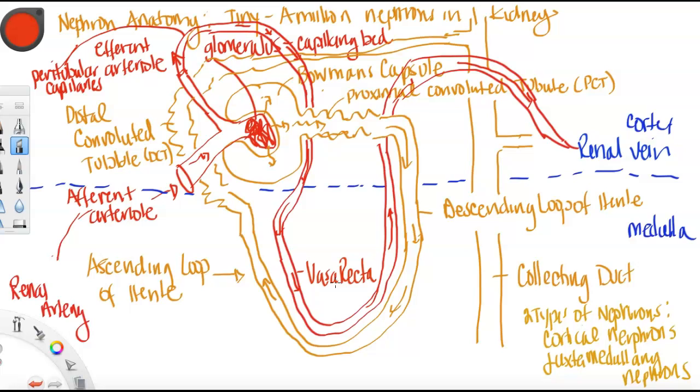But overall, in the cortical nephron, all of those capillaries are just called peritubular capillaries. That is the anatomy of the nephron, the nephron with its blood supply. Okay, so let's look at what the nephron actually does.